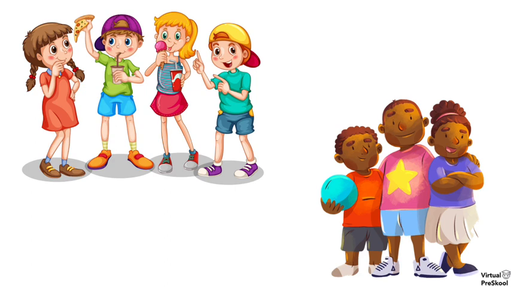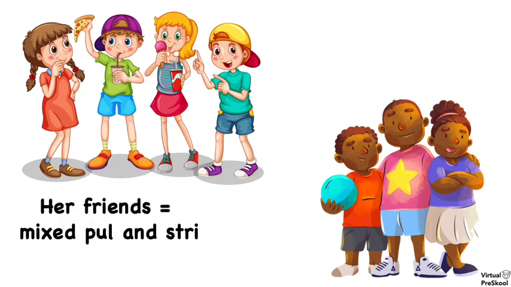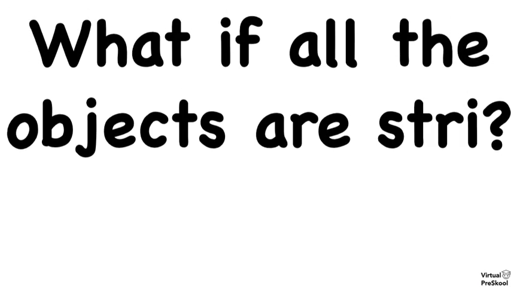So we use iske when the objects are a mix of pulling and stri, or when all of the objects are pulling. Again, we use iske for plural objects, but only when those plural objects are a mix of pulling and stri, or they are all pulling. But what happens if all of the objects are stri?